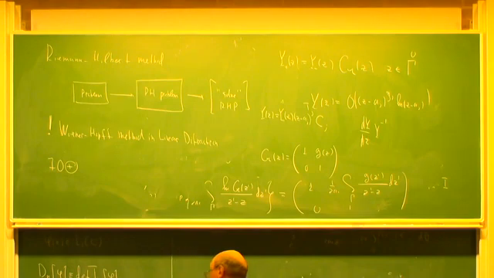Now applications. What is the importance of this object? Well, there is an intrinsic importance from the point of view of operator theory, because Toeplitz operators are when n is infinity.